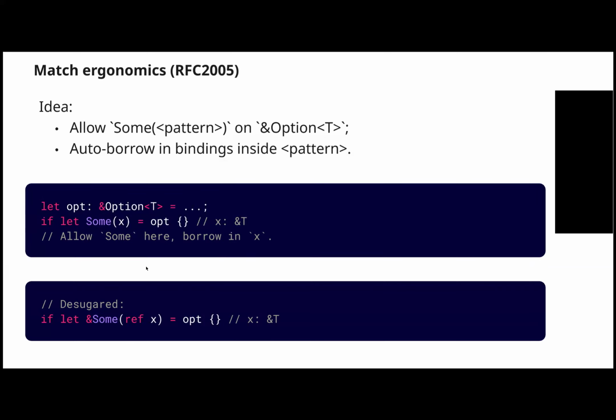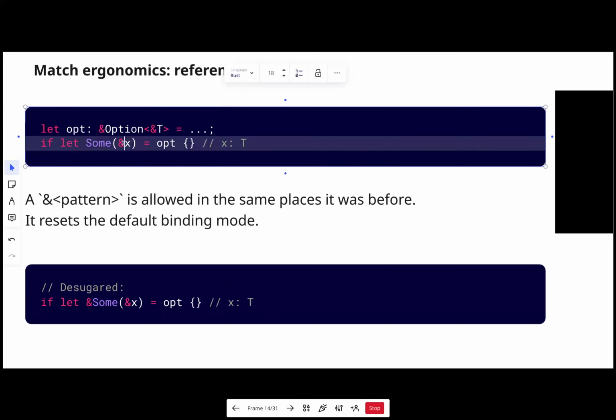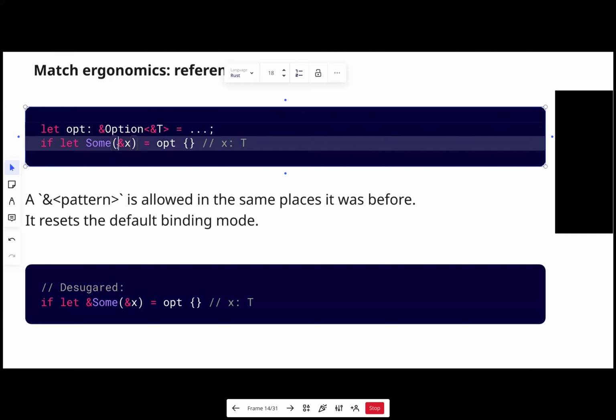There's two more non-trivial behaviors about this that we'll present before moving on to the more recent stuff. Part of this RFC is the question of what happens when I do have a reference pattern inside a pattern that uses match ergonomics. So if we follow, I will show formal rules later, but for now, informally, we said that sum matches through the ampersand and remembers that there was a reference somewhere.